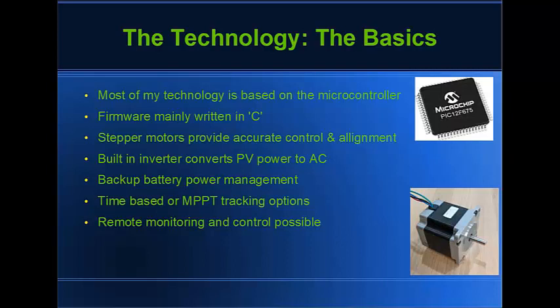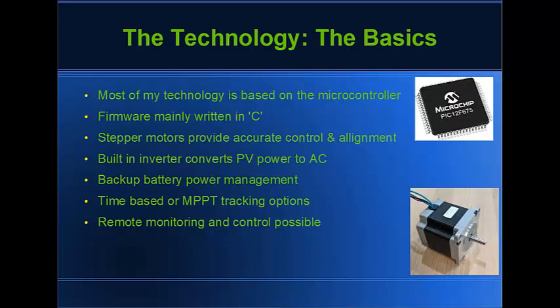A built-in inverter converts the photovoltaic power, which is originally direct current, to AC, alternating current, like the main supply. Now, backup batteries obviously need to be managed and maintained, and I can write the means for doing this into the firmware for the microcontroller.